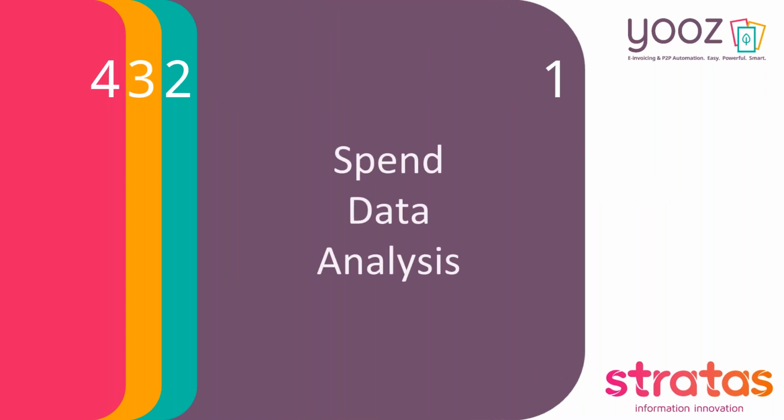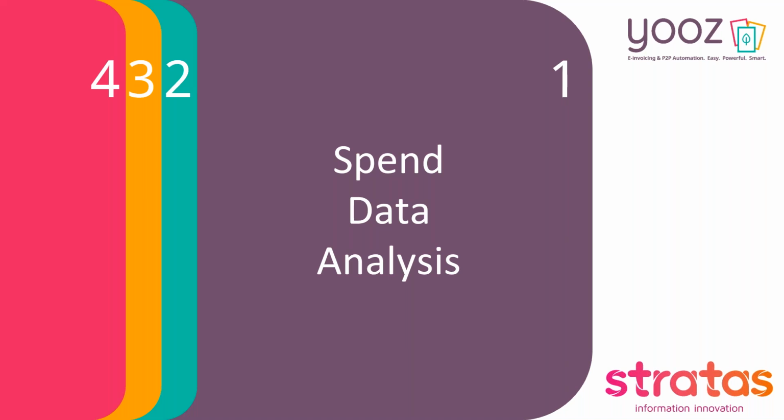So let's start with the first area, where we're talking about spend data analysis. This is one of the most popular, important ways to use AP data, and it's the analysis of the data around how much you spend and what you're spending on. If you're able to measure what your organization is spending, you can manage what you're spending. And spend data analysis will reveal where you are paying too much and opportunities to negotiate with your top suppliers.